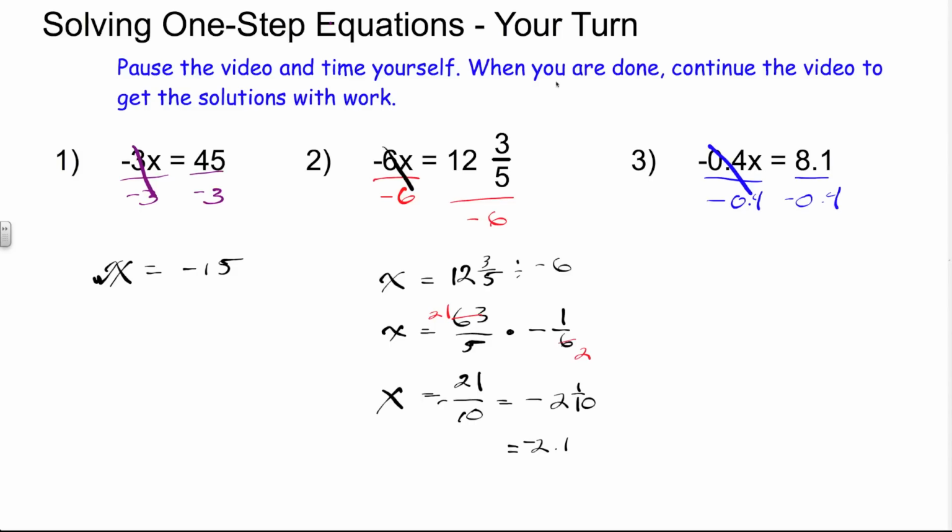On the left-hand side, the negative 0.4's cancel out, leaving 1x. The variable is now isolated. 8 1/10 divided by negative 0.4. We are going to multiply both of those numbers by 10, so we end up with 81 divided by negative 4.